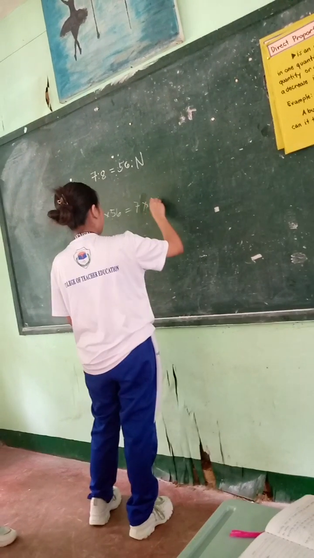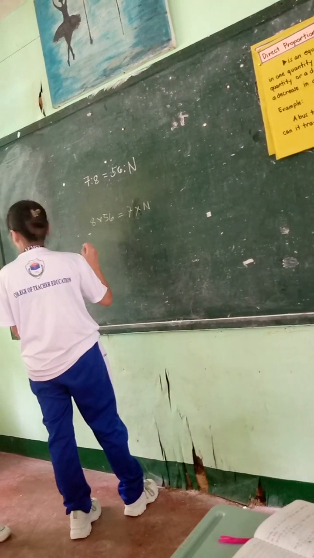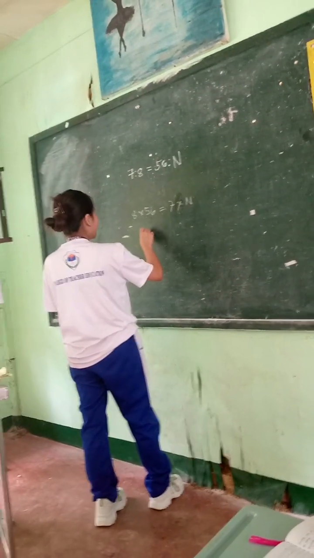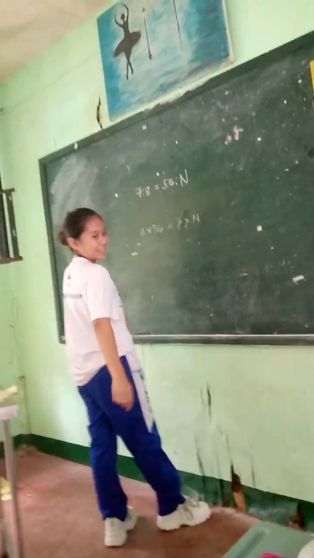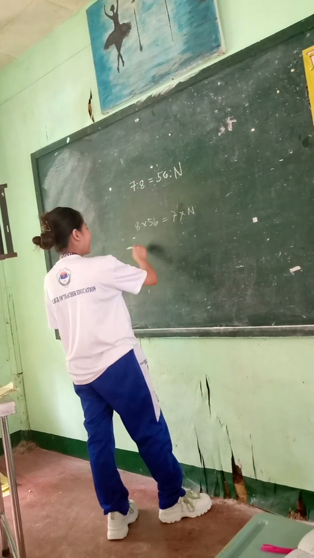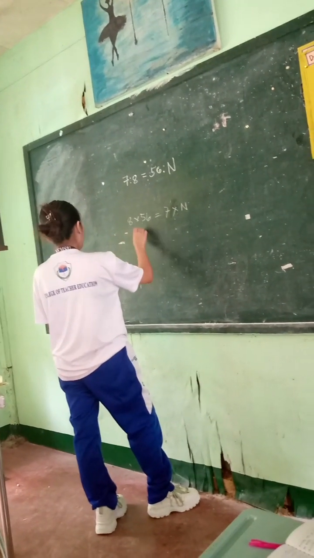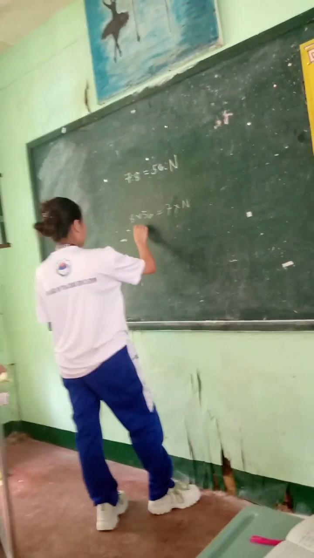Now, how are you going to solve the extremes? 56 times 8, cross-multiplied. 56 times 8 is 448.